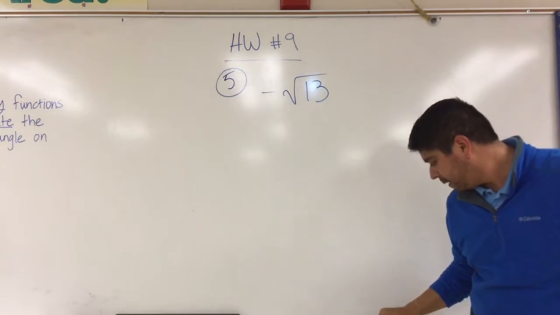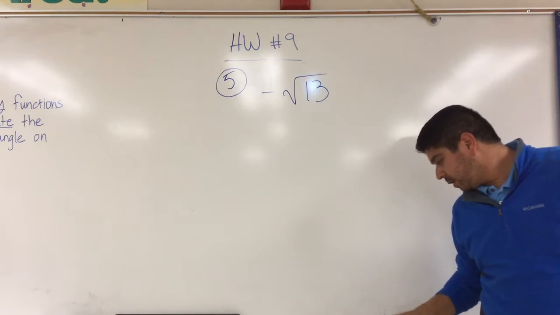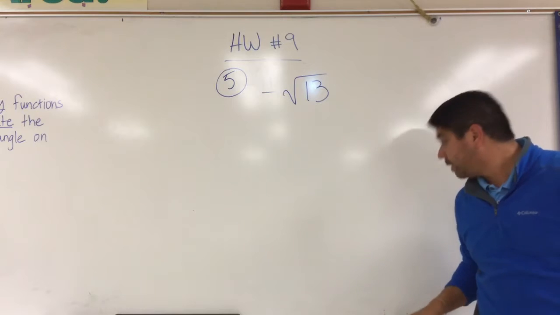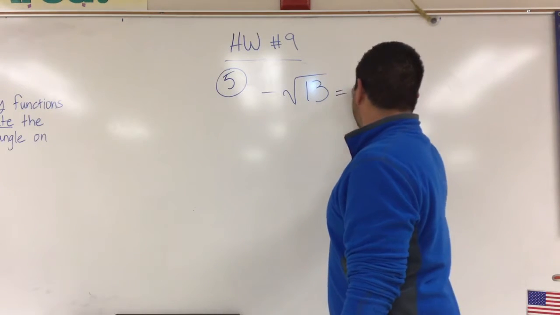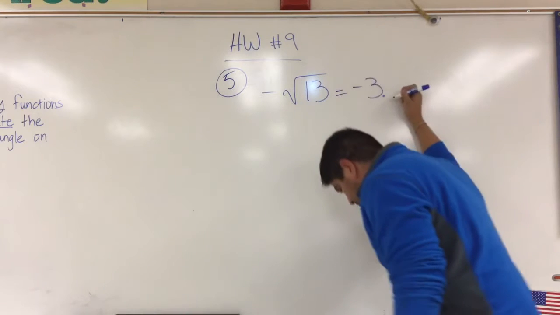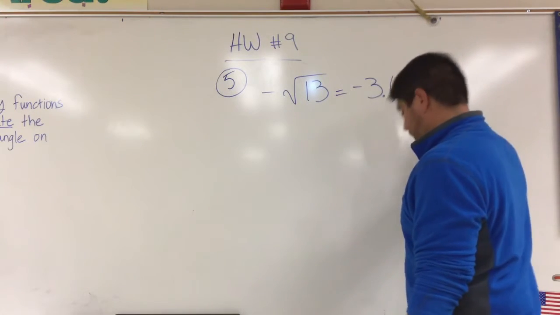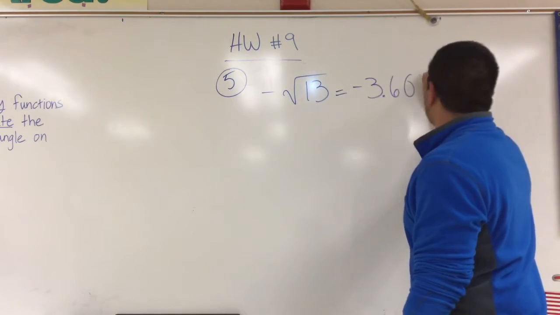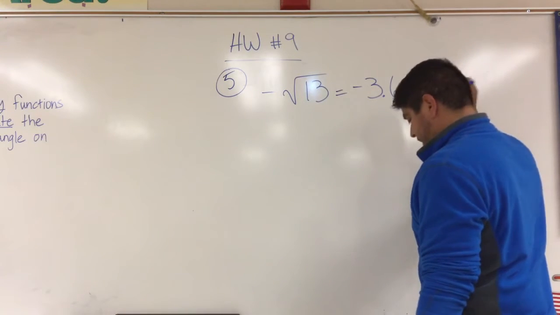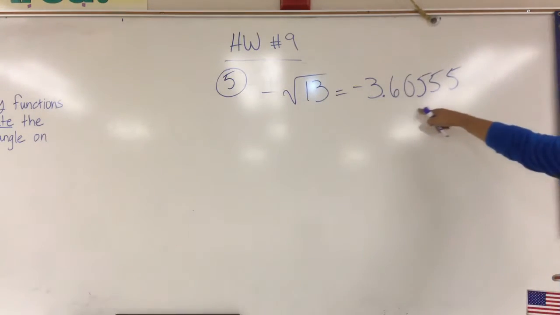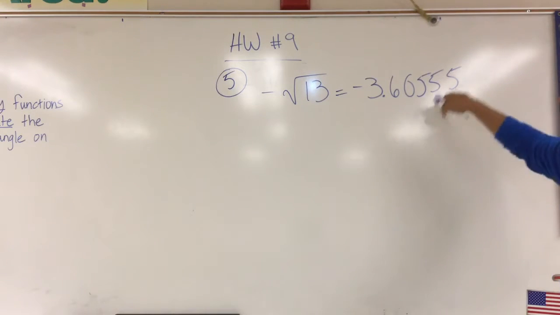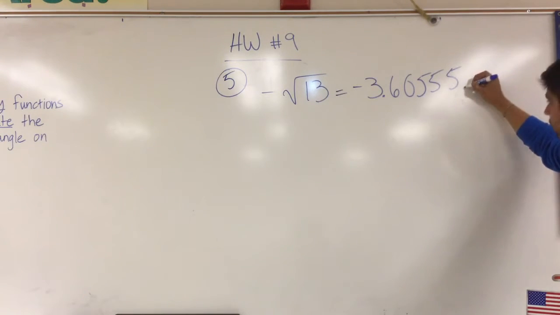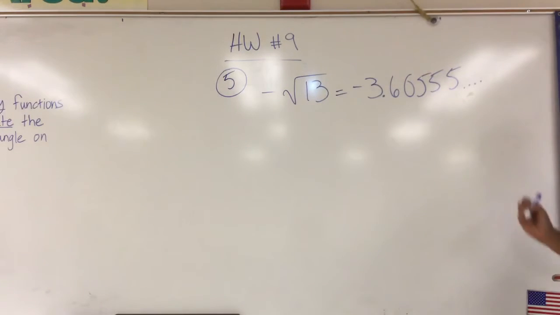So I'm going to do negative, control x squared to get the square root symbol, and then put 13 inside of it. Hit enter. Okay, this equals negative 3.60555. Now, there's no pattern here, and it keeps on going. It stops on the calculator, but it would keep on going. Okay, keep on going on and on and on.